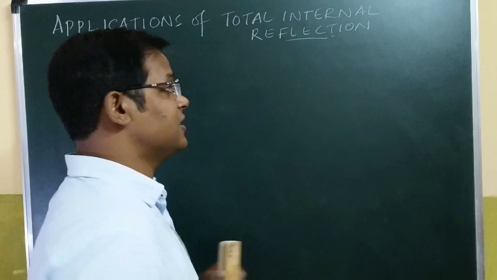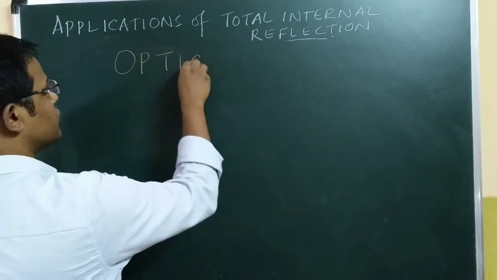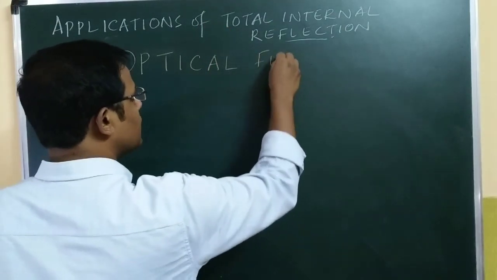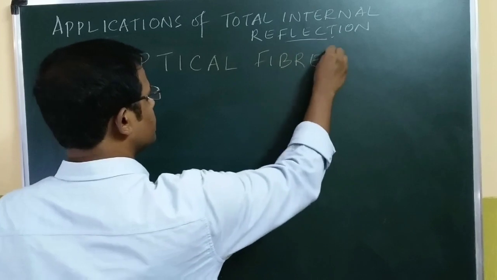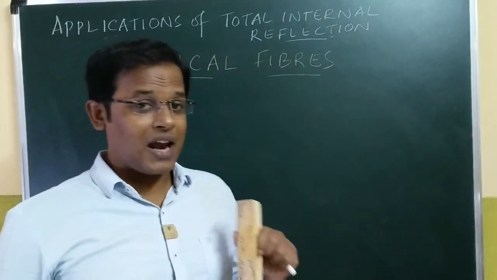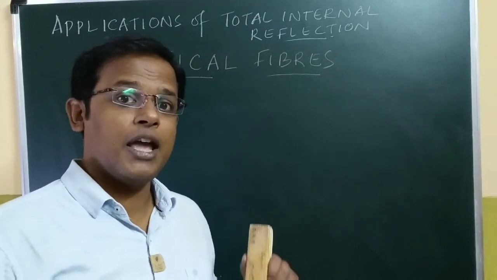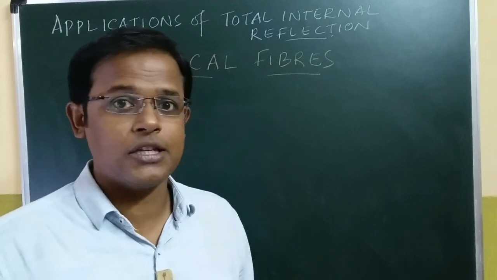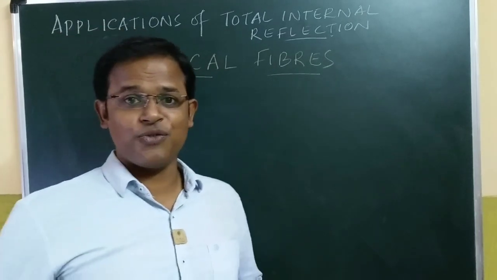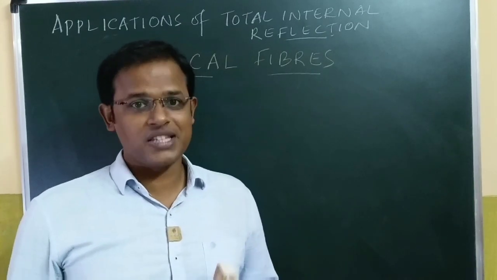We are going to talk about the third major application of total internal reflection, that is called optical fibers. Optical fibers are generally made of very high quality glass or quartz fibers. It has been found that with very high quality silica glass fibers, a signal could be transmitted more than a distance of 1 kilometer without much loss in the energy of the signal.